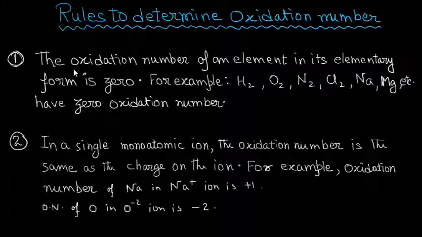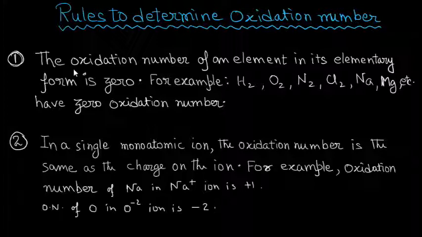Second rule: in a single monoatomic ion, the oxidation number is the same as the charge on the ion. For example, the oxidation number of sodium in the Na+ ion is +1.